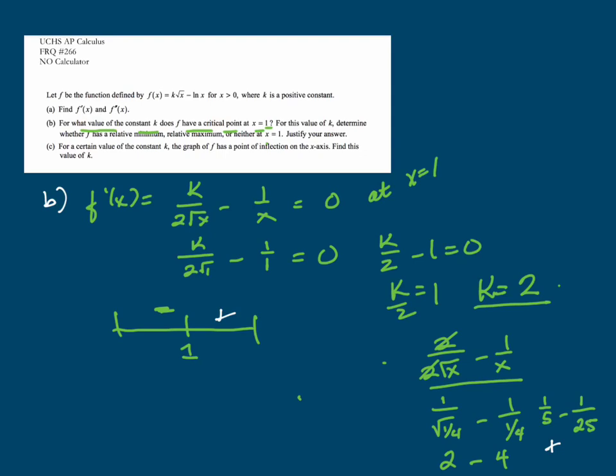So I had to charge up my pen. So we got positive here. So at x equals 1, f has a critical, no, not a critical point. It has a minimum, right?